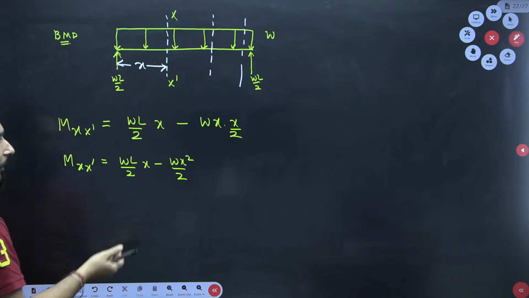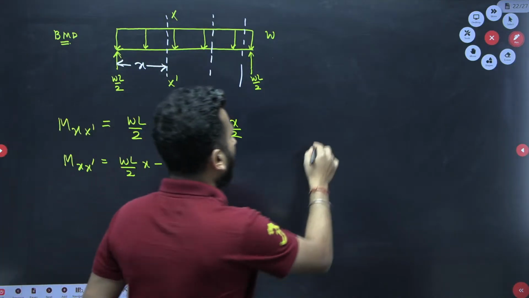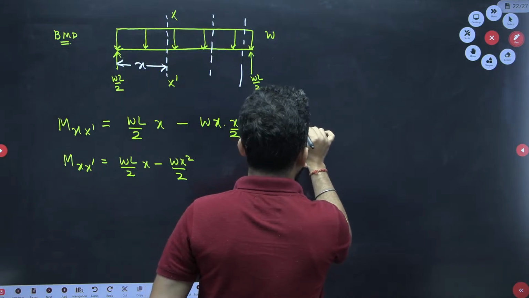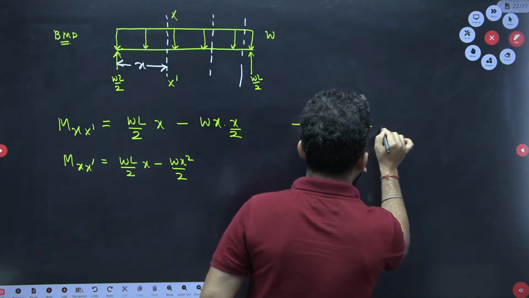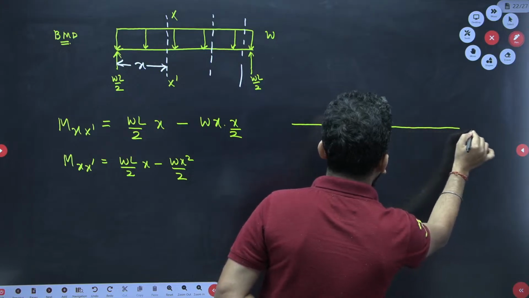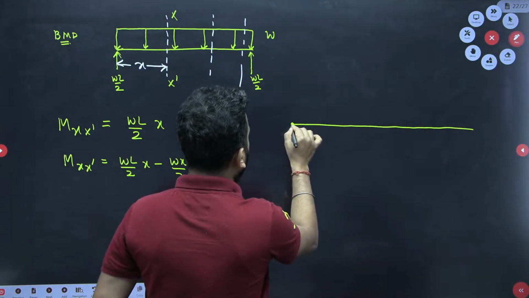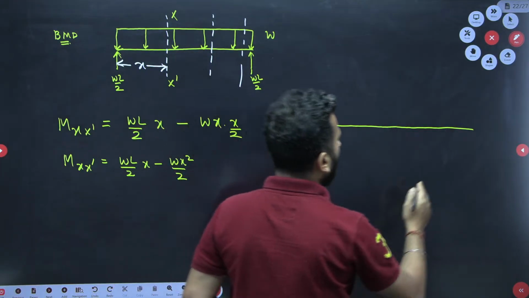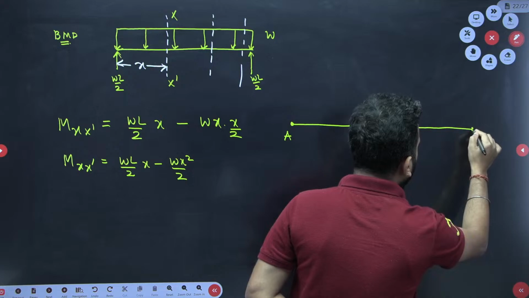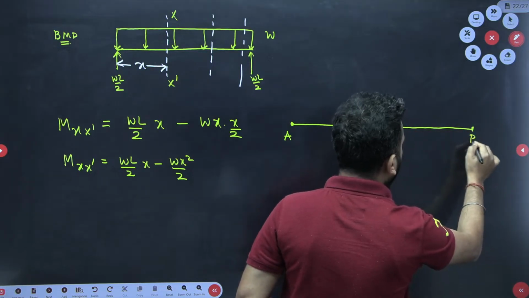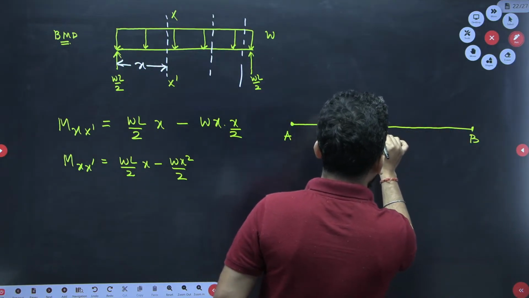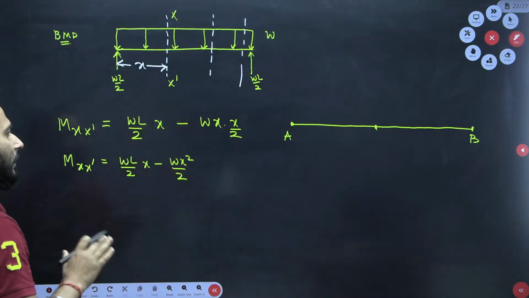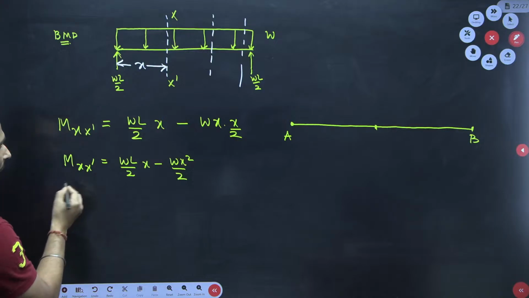Now, if I have to draw the bending moment diagram, I will find out what is the value at A, that is at extreme left, what is the value at B, which is the extreme right, and at L by 2, that is the middle point, what is the value, and how the slope is. These all things I will find out. So let us do one by one.